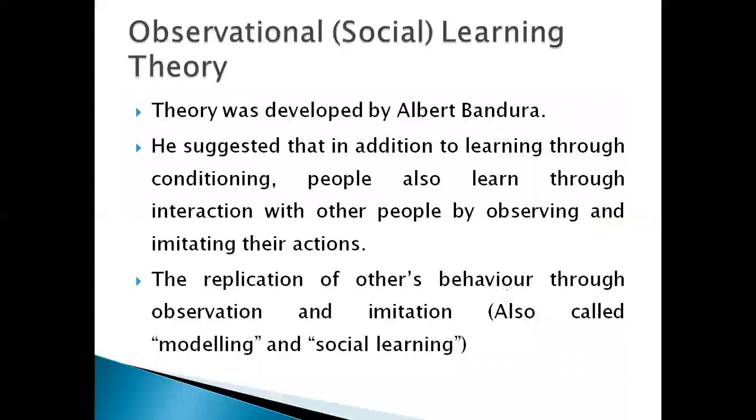People can simply learn by observing things, which happens in every family, in schools, surroundings, environment, and our social group. That's why it is also called social learning. That's what this theory is about: by observing, we also learn. I hope you understood this observational learning theory. Thank you for listening to me.